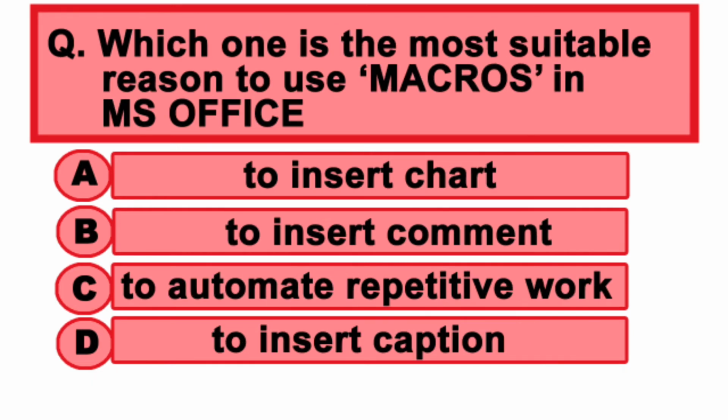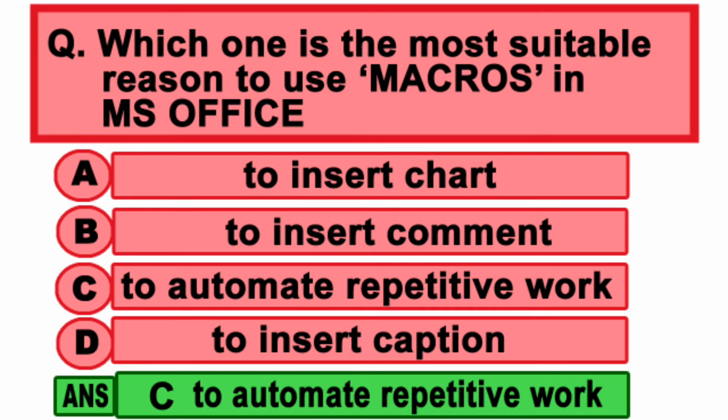Which one is the most suitable reason to use macros in MS Office? The options are A. To insert chart, B. To insert comment, C. To automate repetitive work, D. To insert caption. Let's see the options one by one. Chart allows you to illustrate your work data graphically, which makes it easy to visualize comparisons and trends.